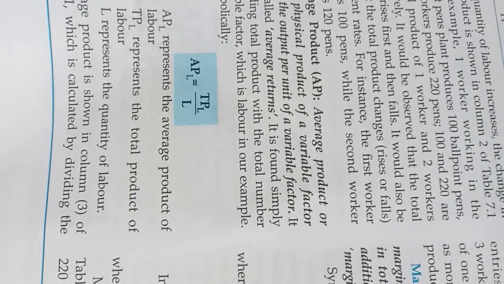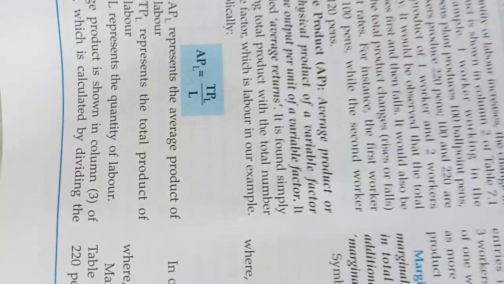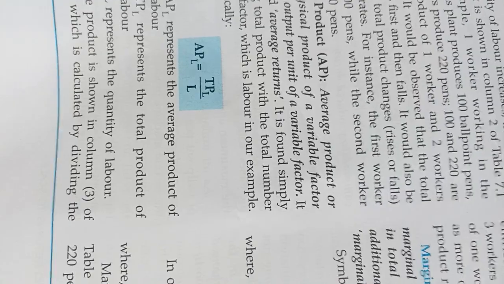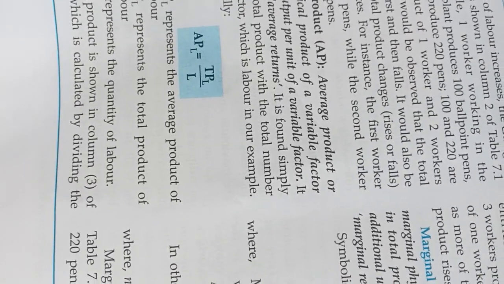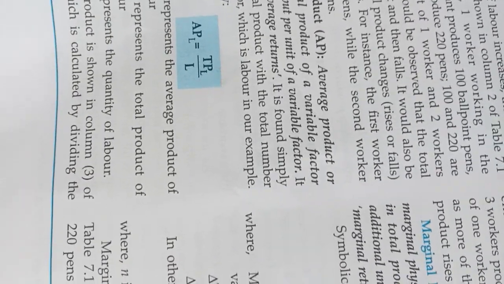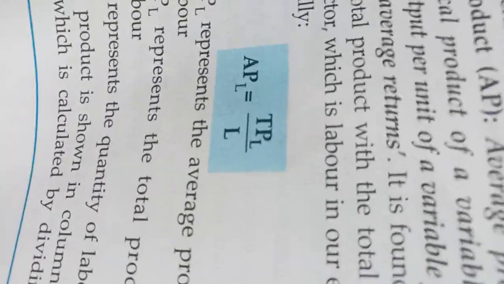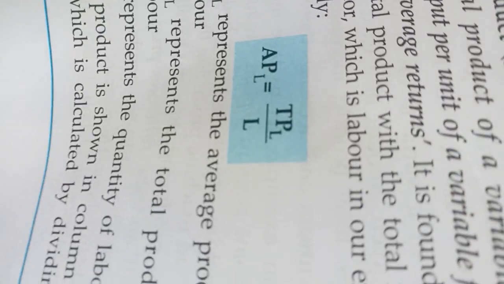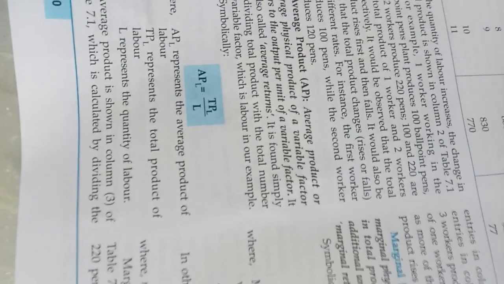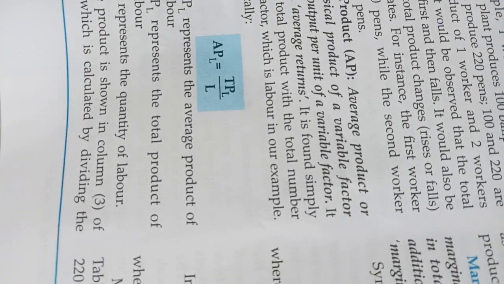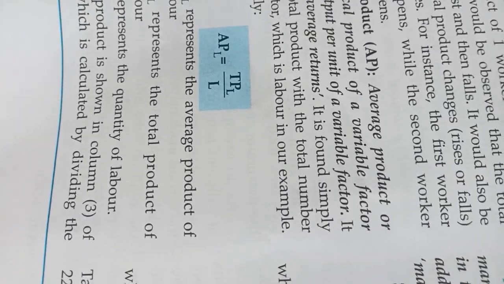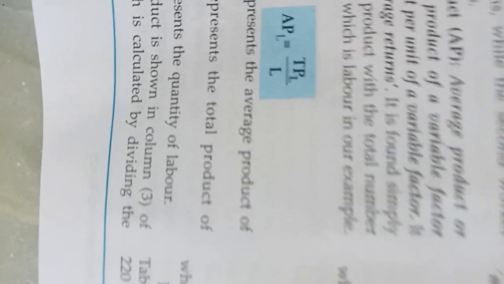Then we can express the formula of AP, average product, as AP subscript L. That means average product of labor. Average product of labor is equal to total product divided by L. That means number of laborers employed. In the numerator, total product. In the denominator, total number of laborers employed.